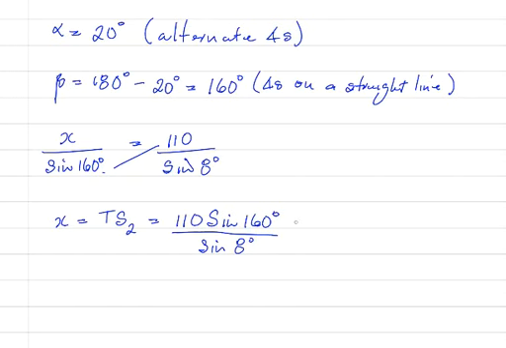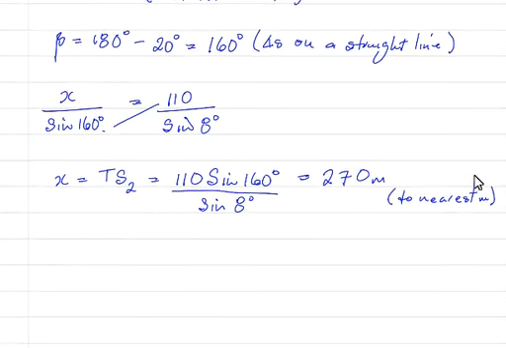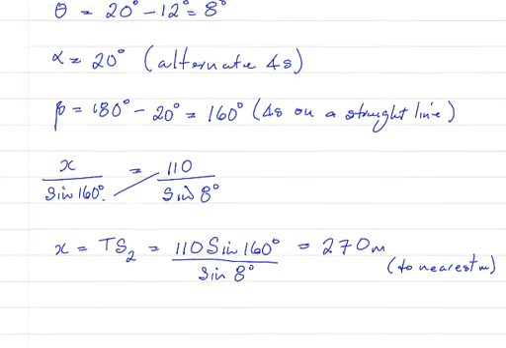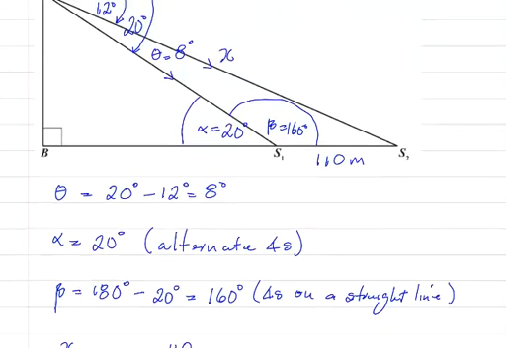So the length of this line is 270 meters, to the nearest meter. All right, let's see what is the next thing they're asking us to find. So let's just put that in there. The length of this line here is 270 meters.